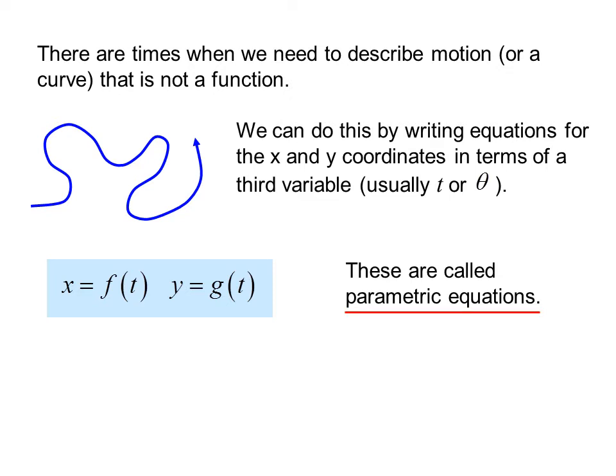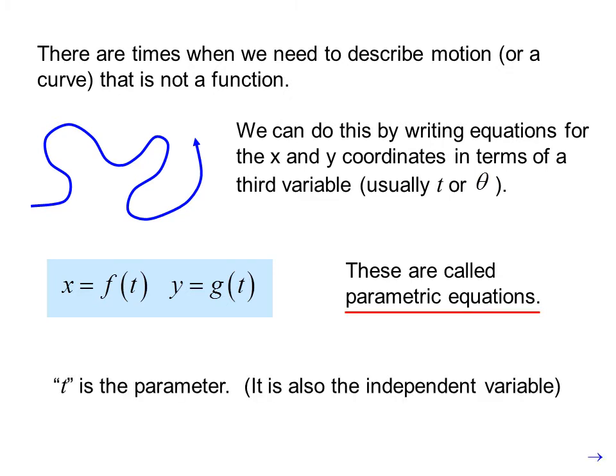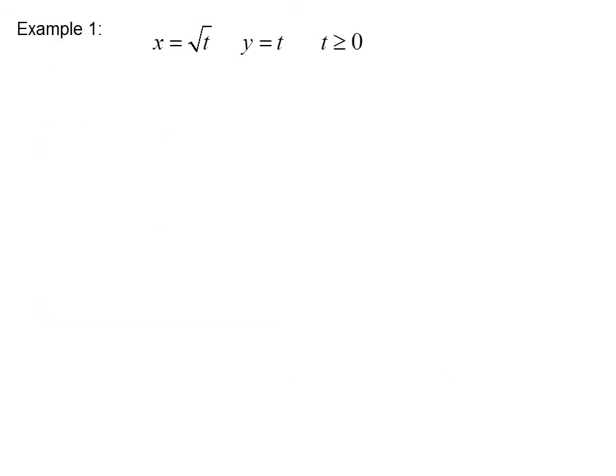These are called parametric equations. T is the parameter. It is also the independent variable. Example, x equals the square root of t, y equals t, where t is greater than or equal to 0.